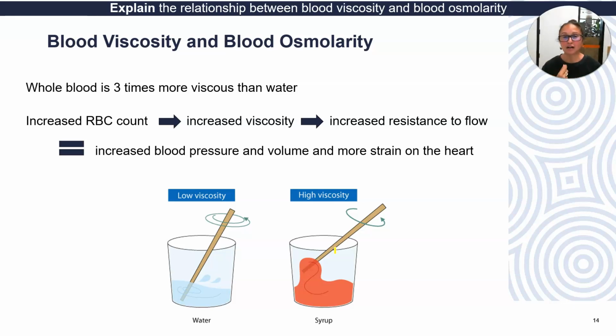And if your blood becomes too viscous, it's going to increase the amount of work required to move that blood around. So bottom line, I don't know why my camera's going like that. The bottom line is blood viscosity is a very important parameter because the blood has to flow through the blood vessels at a correct rate. It can't flow too fast and it can't flow too slow. It has to be just right.